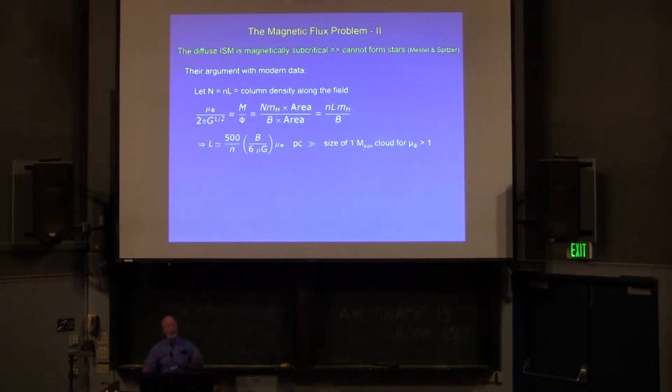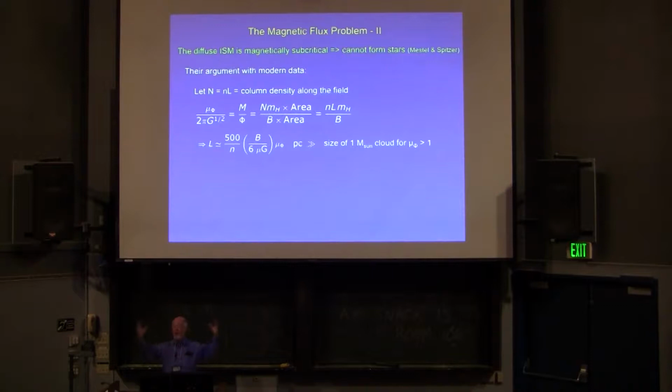I'm trying to find how big a region in the interstellar medium I need to be magnetically supercritical, and I get a number that starts off with 500 parsecs. Now the 500 parsecs I divide by the mean density. Well, the mean density in the interstellar medium is 1 particle per cubic centimeter, so that doesn't change things. I've normalized the magnetic field to the value that is measured in the diffuse interstellar medium.